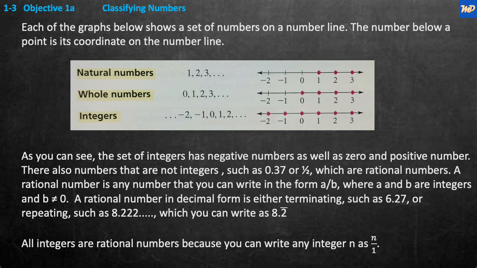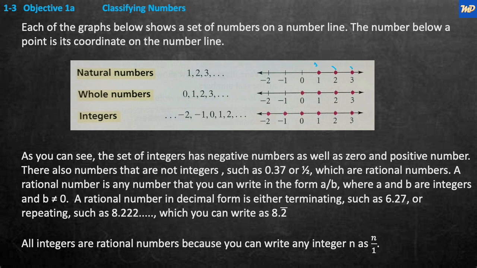On the number line, you see 1 right here is the point 1, 2, 3. Okay, that's the coordinate point right there, 1, 2, and 3 on the number line. Whole numbers have added 0 to it. So now we've got 0, 1, 2, 3, and on and on.